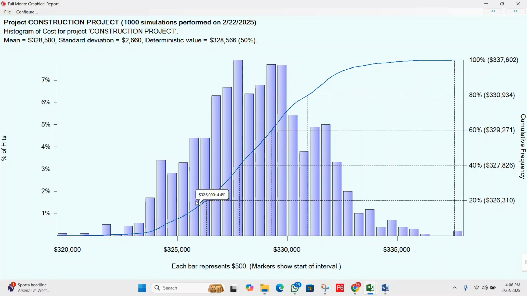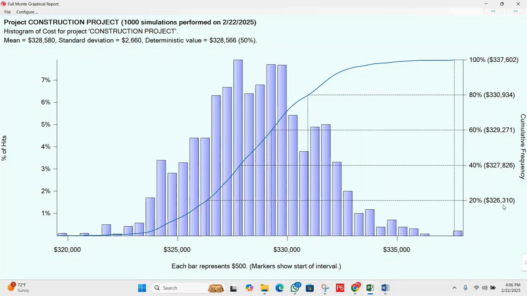They show how often different cost outcomes appeared in the simulation. Here we have the cumulative curve, the blue line, which presents the cumulative probability of the cost occurrence. Let's take an overview of the probability of cost outcomes, starting with the 20% level. Here the cost is $326,310.